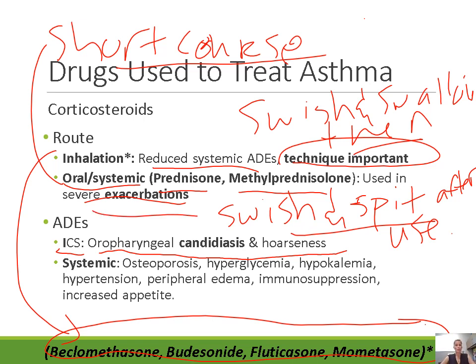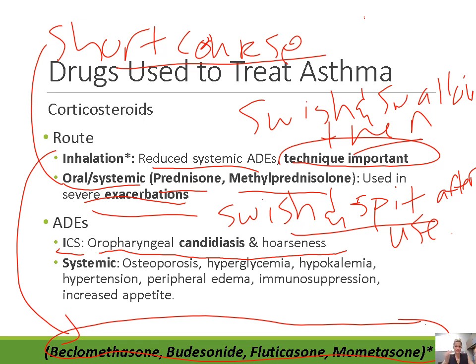Because it's such a short course, we typically don't see the more severe systemic adverse drug effects associated with it. Also, you don't have to taper down the dose. When we give oral corticosteroids for a long period of time, it ends up suppressing the hypothalamic pituitary axis, so you can't withdraw them abruptly.